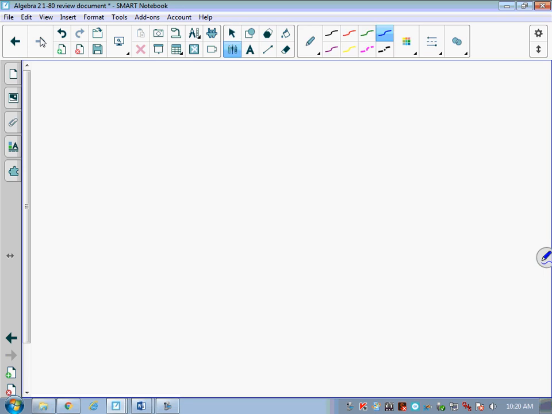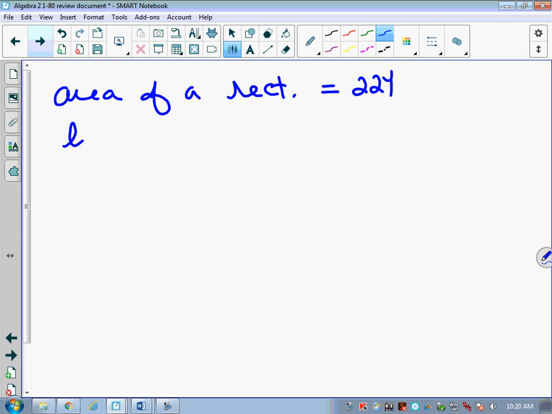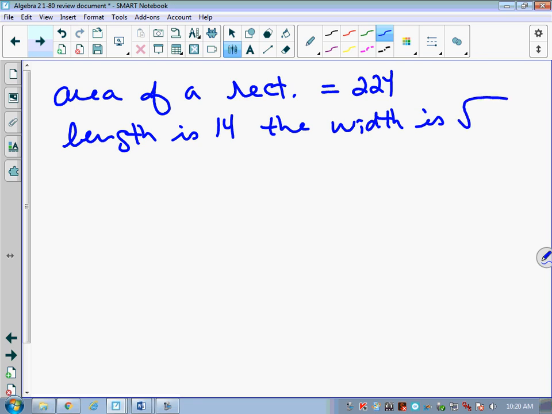Okay. Let's see. They're going to say that the area of a rectangle equals 224. Length is 14. The width is the square root of x.